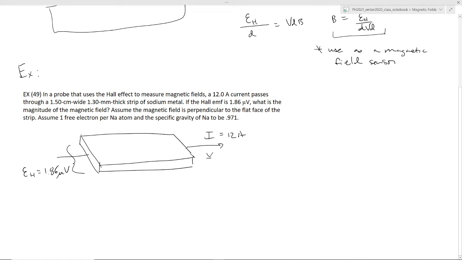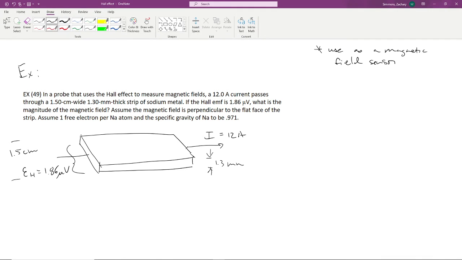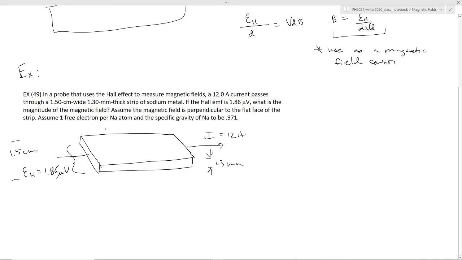This has a thickness of 1.3 millimeters, and the width of the strip is 1.5 centimeters. And what else? The magnetic field is perpendicular to the face of the strip. So as I have it drawn here, we could imagine it's going like this through the strip. However we want to draw this exactly. You get my drift here.